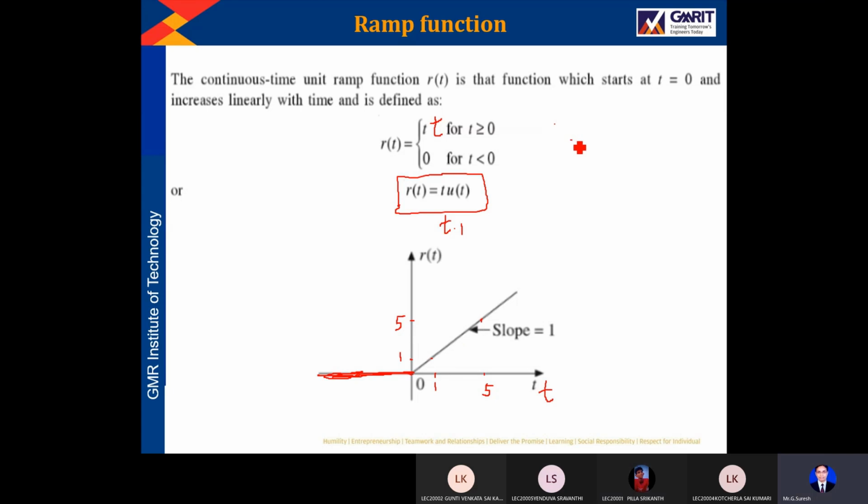How will you represent? r of n is equal to n, for n greater than or equal to 0, is it not? And 0 otherwise, for n less than 0. Right. So this is how you can have the signal.